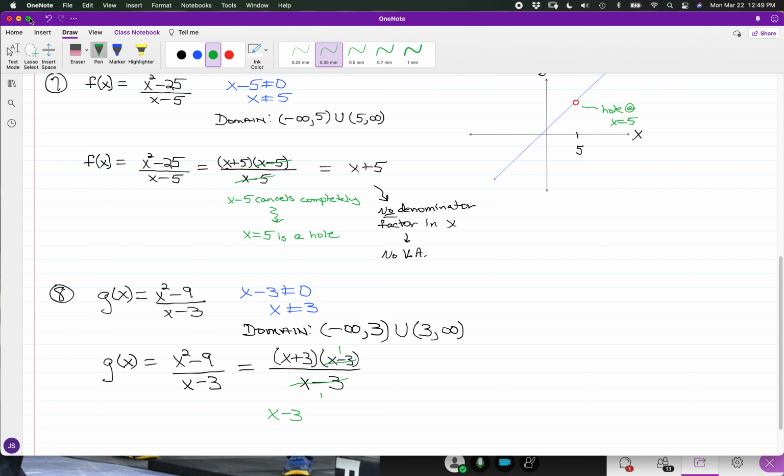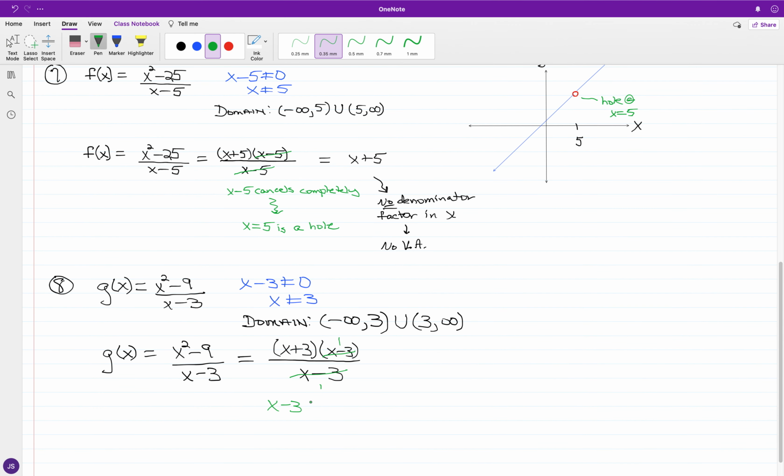Okay, so x minus 3 is going to cancel completely. And just like x equals 5 earlier, x equals 3 is a hole. And g of x will reduce to x plus 3.